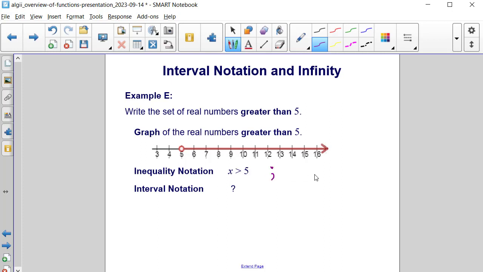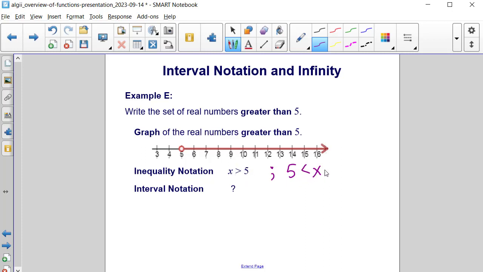Now, it can also be written as a compound inequality if you would like. And since we have x is greater than 5, we can switch this around and say that 5 is less than x. And we know that both of these are true because the Pac-Man or alligator is eating x in both cases.